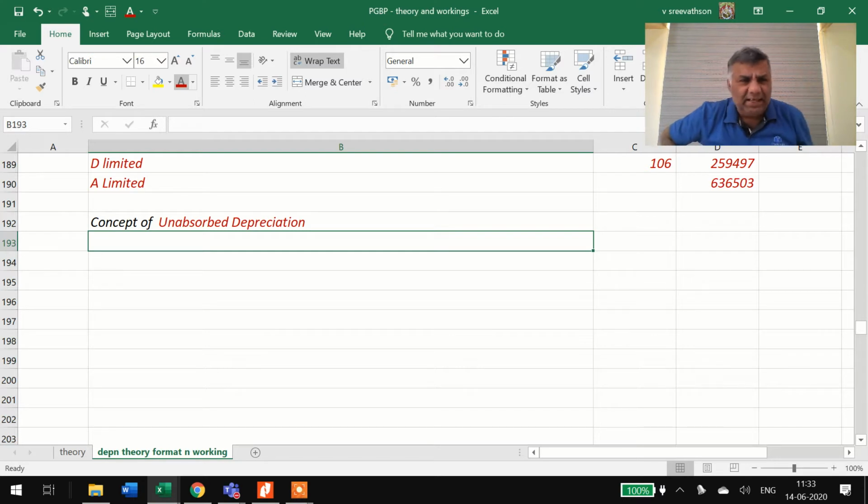On the debit side, to operational expenses 4 lakhs, to depreciation 3 lakhs. Now again on the credit side, by net loss 1 lakh.